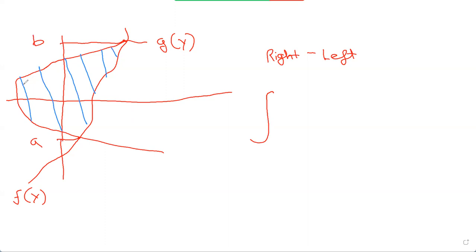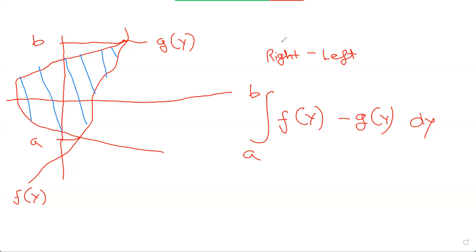You can see g of y goes all the way here. However, f of y stays here. So f of y is to the right. So it would be the integral from a to b of f of y minus g of y dy. And now they will give us values in the question. If you plug it in and evaluate the integral, we'll get our value for the area.